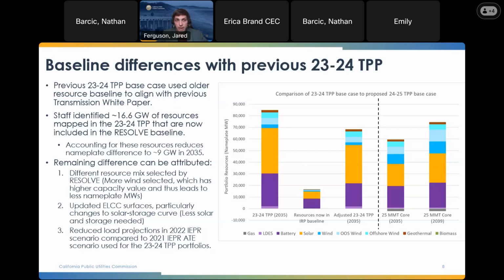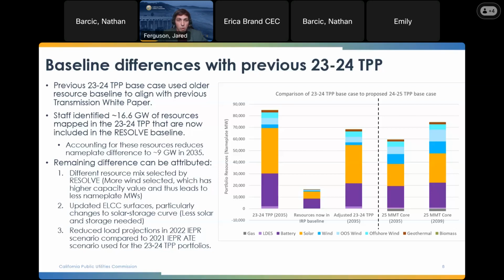And so in the development of the new portfolios, the CPUC did an update of the baseline, which identified a lot of those online and even contracted resources and moved them into the baseline. So staff has done some analysis and have identified about or over 16 gigawatts of resources that were in the previous TPP portfolio, but are now included in the baseline.